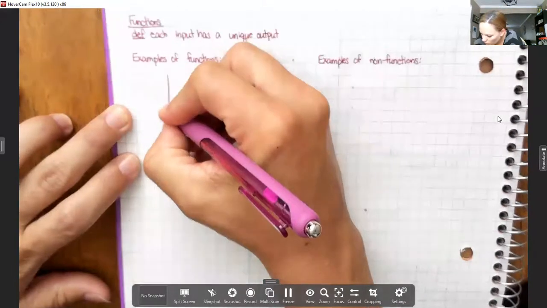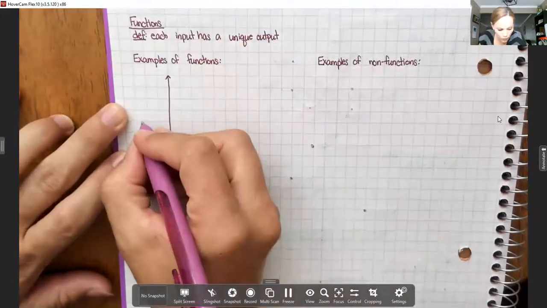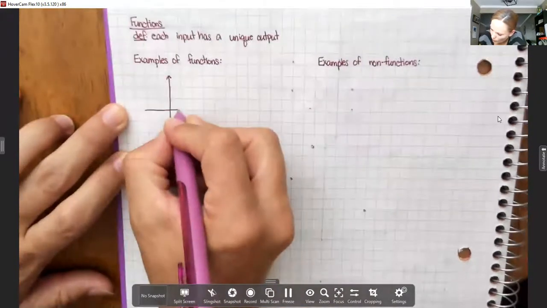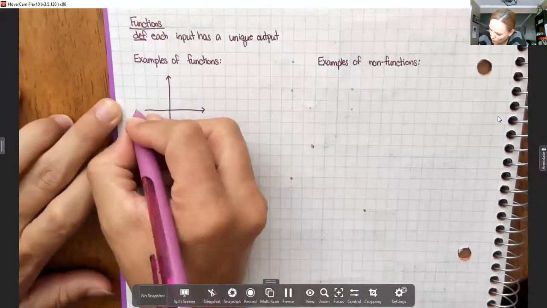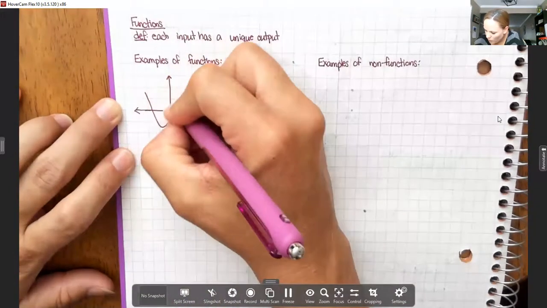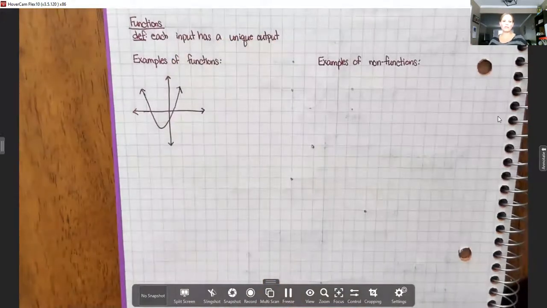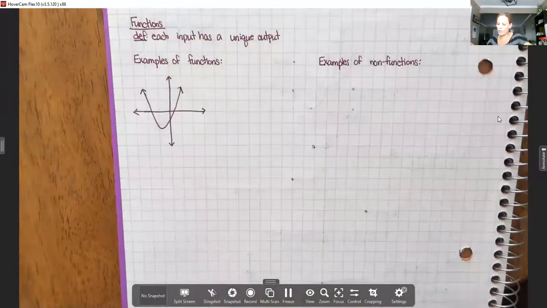So just, like a parabola, that's a function. Any parabola will always be a function as long as it's just your normal parabola.